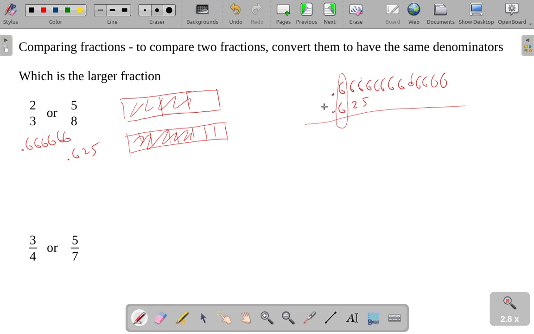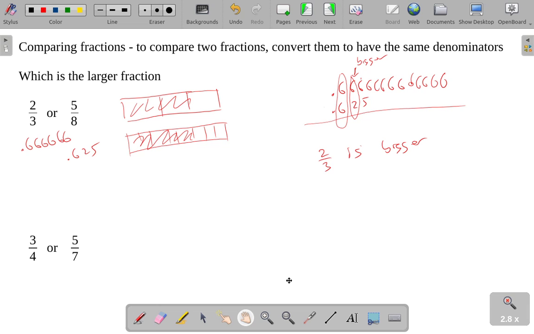They're all zeros to the left of the decimal place, and to the right of the decimal place they match here. So far they're the same. But once you come to this location here, you can see that this one's bigger. So that means 2/3 is bigger, because in this place value it's actually bigger.